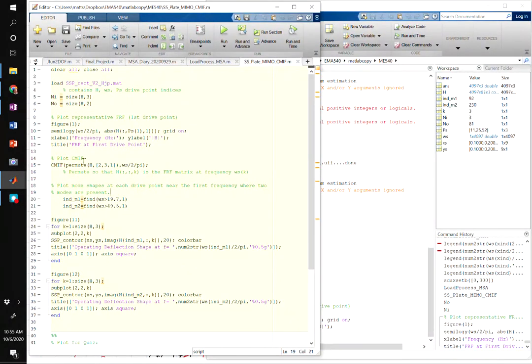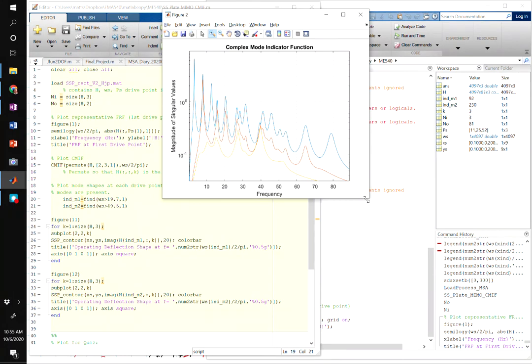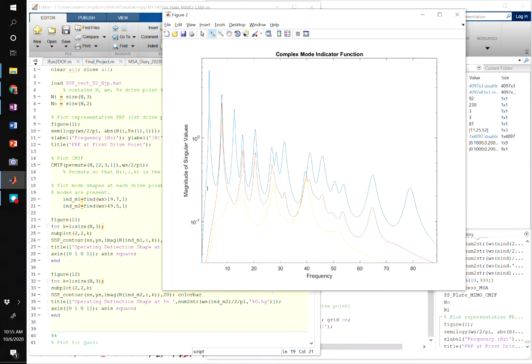Okay, so then we compute the CMIF using a function given on the course website, and the CMIF is going to create a plot. So let's look at that. So here's the plot that it creates, and it's plotting the singular values, those S sub j, 3 singular values at every single frequency. And here it becomes really obvious right away where the repeated modes are.